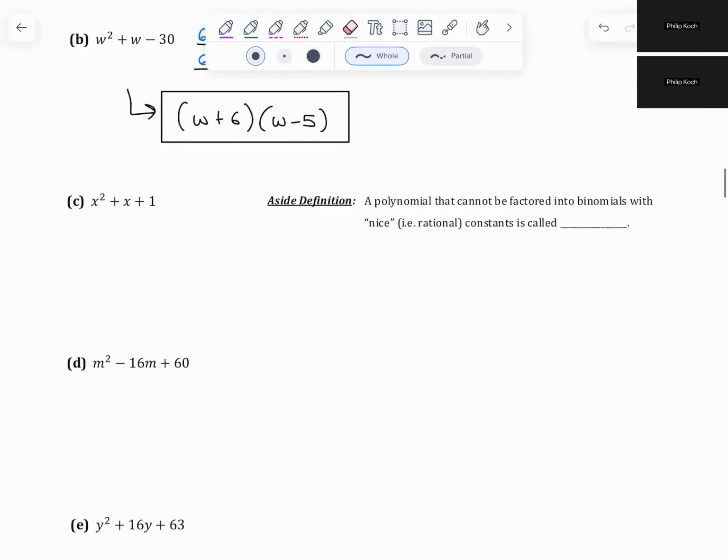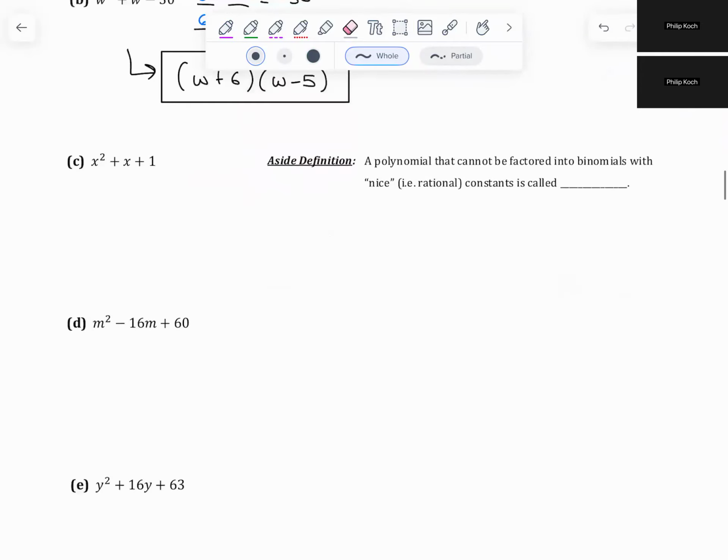All right. We're going to do C together because C is an interesting case. And then I want you guys to do D and E by yourselves. So x squared plus x plus 1. We need two numbers that multiply to 1, and the same two numbers need to add to 1. The only factors of 1 that I can think of are 1 and 1.